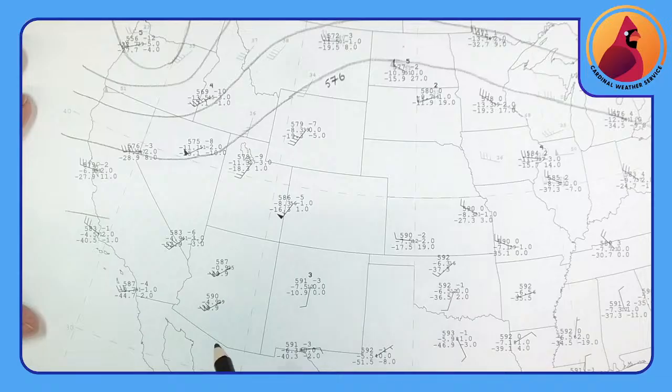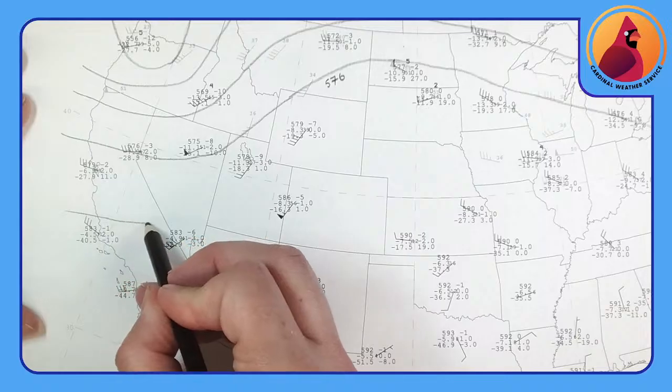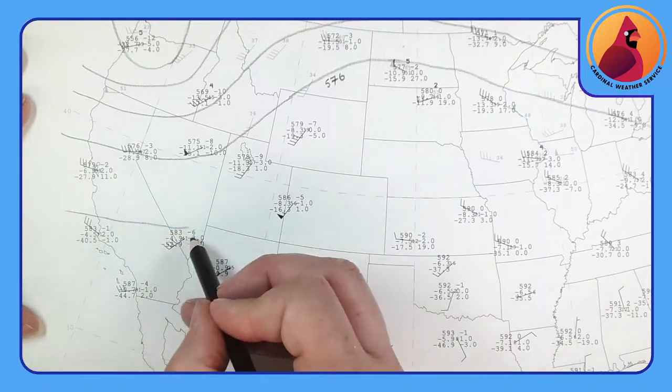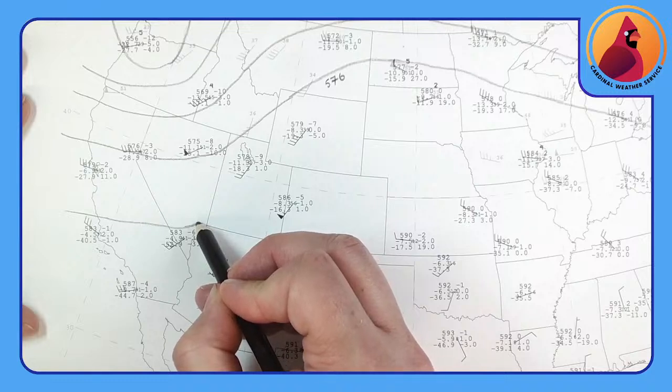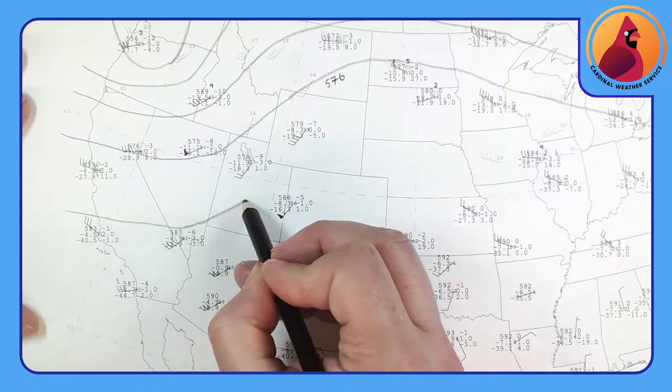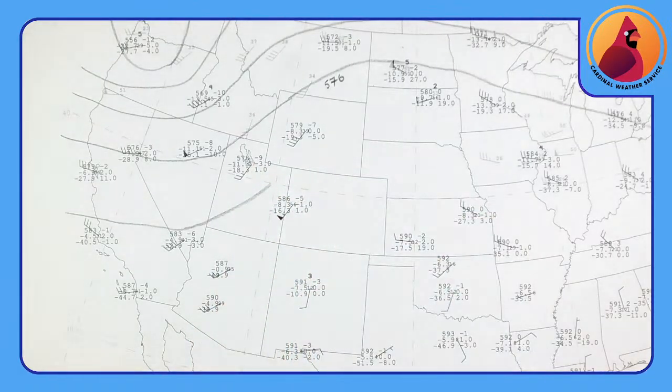So our 582 line, stick relatively close to these 583s. We're gonna be right in between these two. 582 is equidistant between 578 and 586.